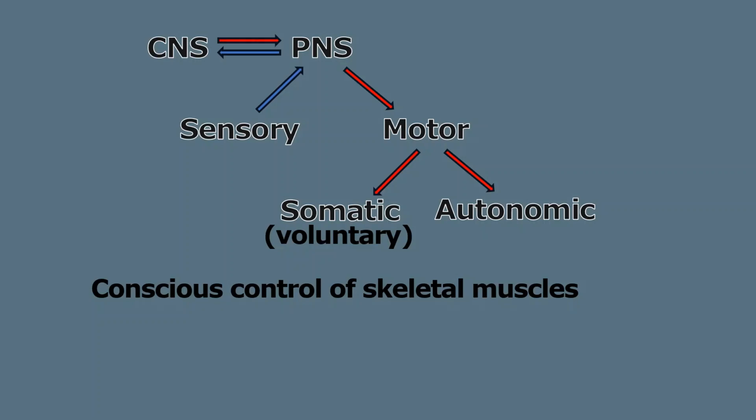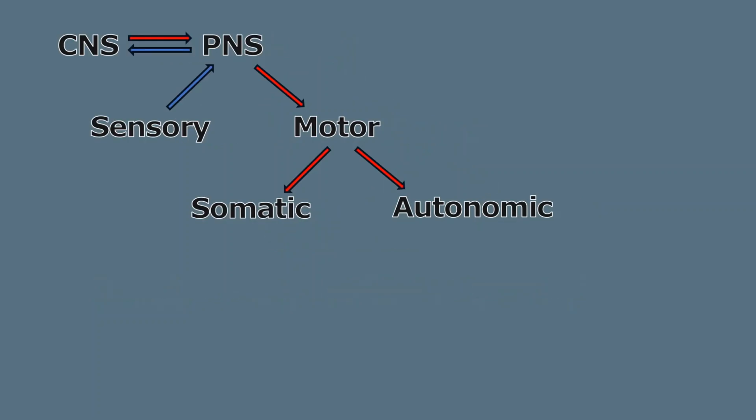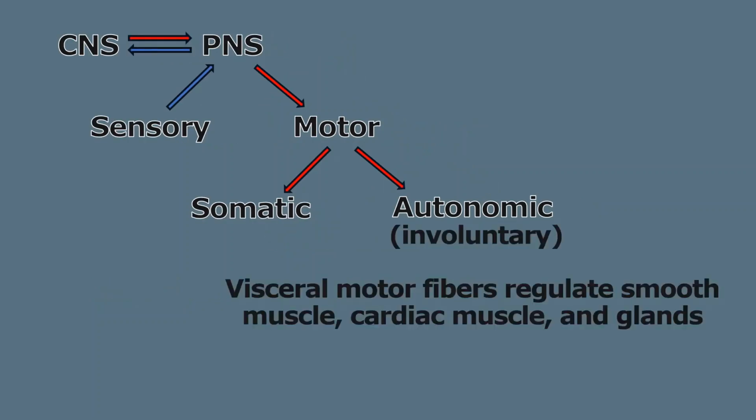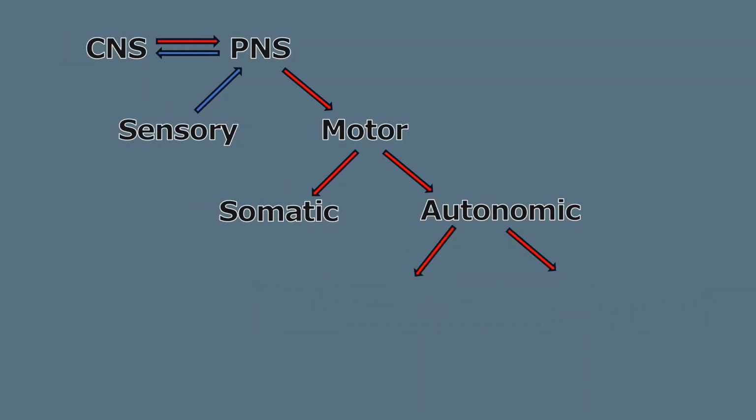You are in control of when your hand goes up, you are in control of when it waves back and forth, and you are in control of when it comes back down. That is motor outflow for sure, but it's the somatic motor outflow. If you want to talk about autonomic outflow, it's involuntary. You are not in control of it. Now we're still going to control muscles and glands, but here it's not skeletal muscles. Here it's smooth muscle, cardiac muscle, and the glandular tissue.